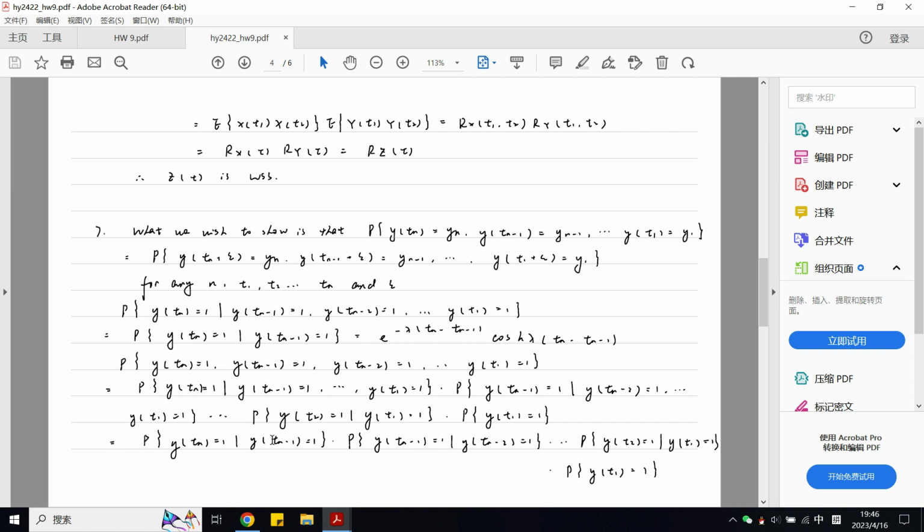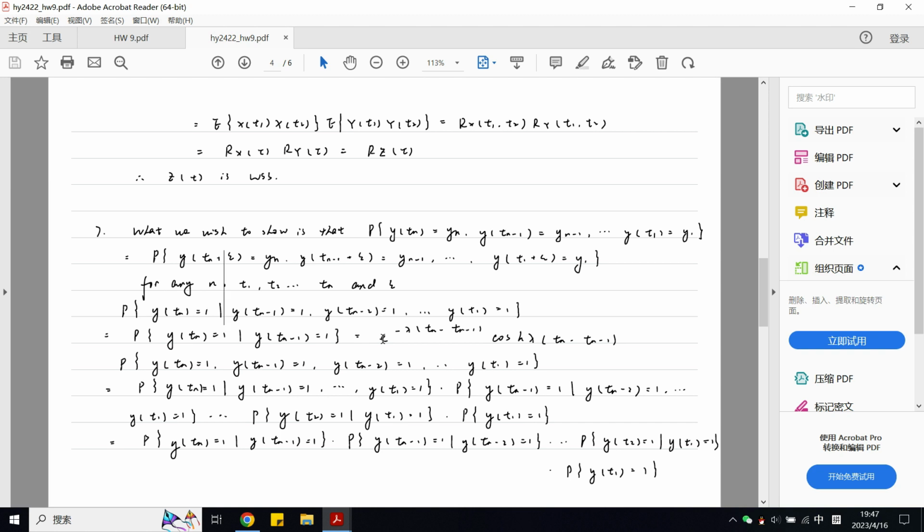So after that, we can simplify it and get the probability that Y(t_n) equals 1 given Y(t_{n-1}) equals 1, times the probability that Y(t_{n-1}) equals 1 given Y(t_{n-2}) equals 1, then times the probability that Y(t_2) equals 1 given Y(t_1) equals 1, and finally times the probability that Y(t_1) equals 1.